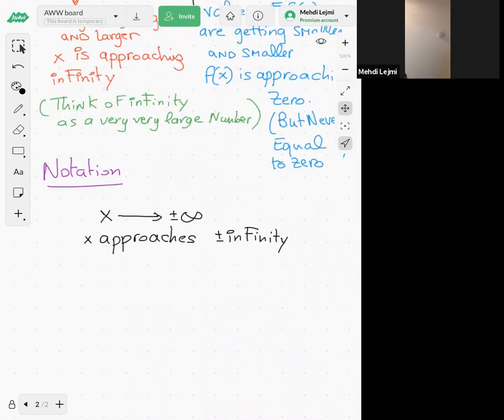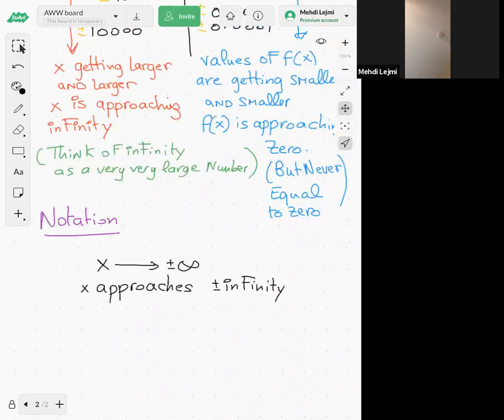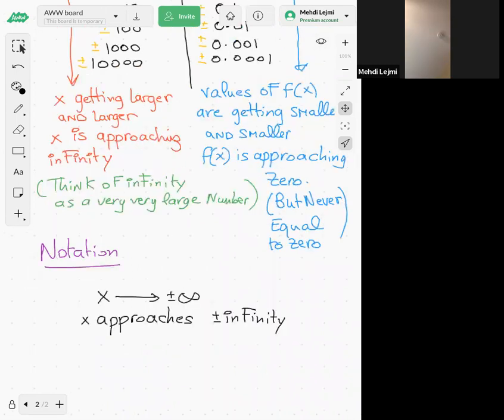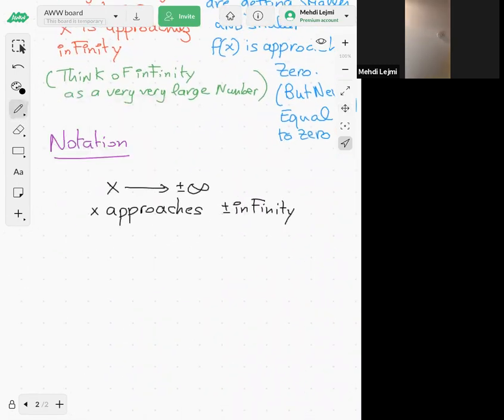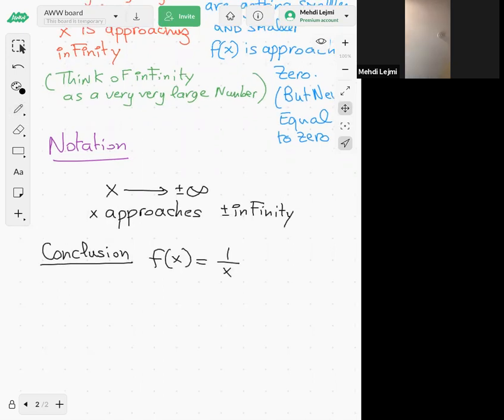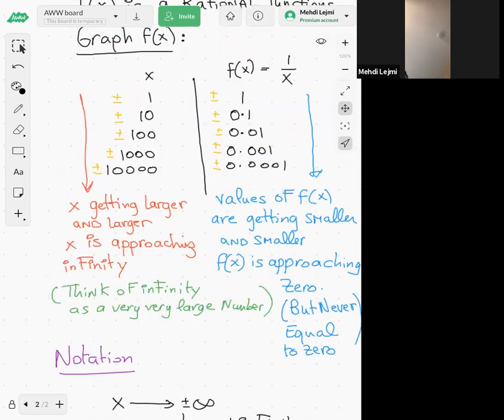So now, our conclusion using this notation: let's say our function f of x is 1 over x. What we are saying is that if x approaches positive infinity, then the values of f of x approach 0.